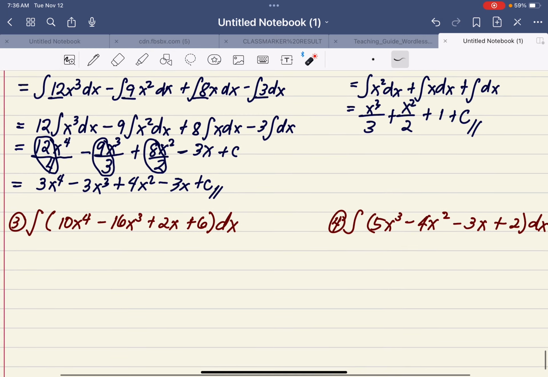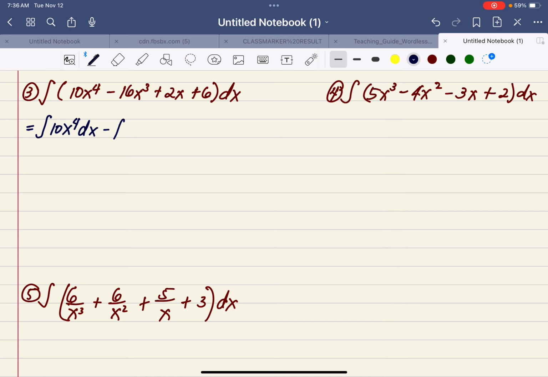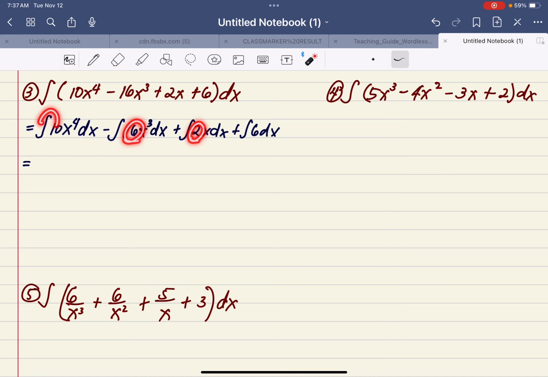Okay, next, number 3. For number 3, let's distribute the integral symbol. The antiderivative of 10x raised to 4 with respect to x minus the antiderivative of 16x cubed with respect to x plus the antiderivative of 2x with respect to x plus the antiderivative of 6 with respect to x. Then write the coefficient before the integral symbol.